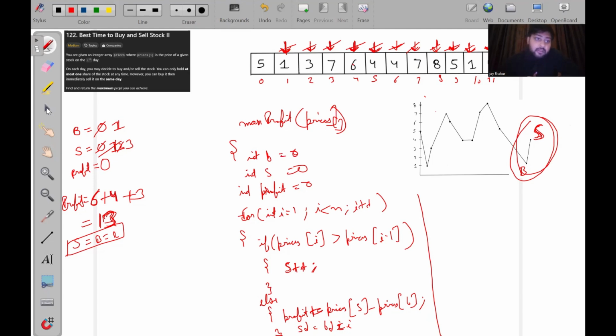When we come out of the loop, we simply have to add this into the result: profit plus equal to prices of selling date minus prices of buying date. So this is what our final code is. So let's try to code this.